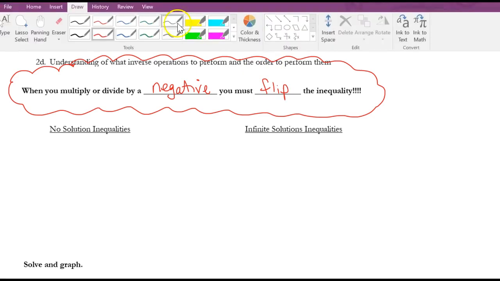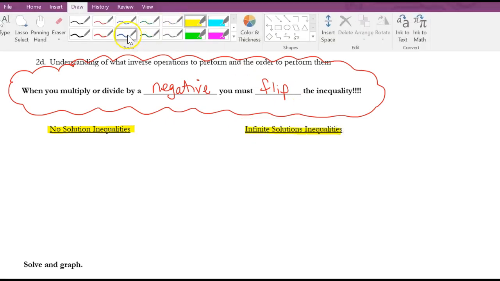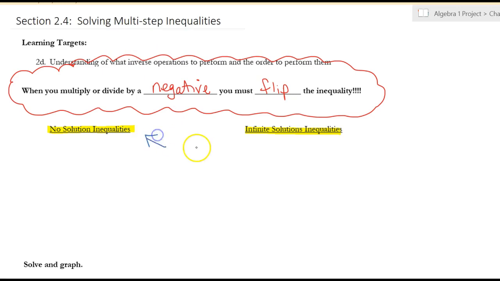Now this time, though, we will start to get into some no solution and some infinite solution inequalities. And what happens with both of these is that these occur when the variables cross off. So something happens and we're able to get rid of the variables on both sides.